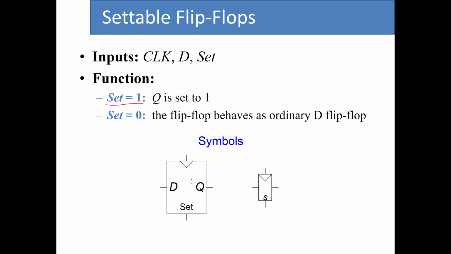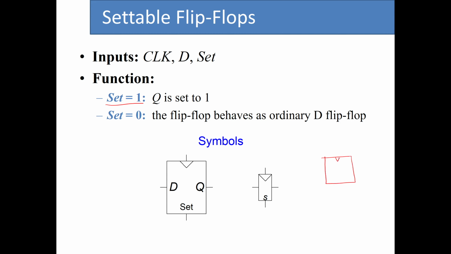If we want to represent this more concisely, we can do it like this, and instead of set we just use S. Similar to the resettable flip-flop, for the settable flip-flop we can have both synchronous and asynchronous types too. The design for synchronous is again much simpler, so I can quickly draw it here.